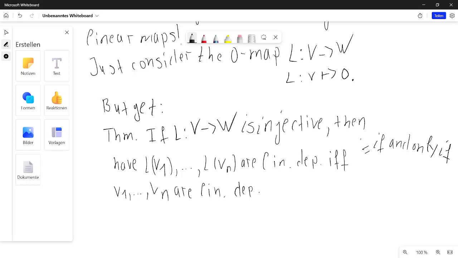Are linearly dependent if and only if, well, we could say better linearly independent, because linear independence is more interesting. But it's the same statement, right? Because it's if and only if, we could take a negation, or we could take the statement itself as I want to have it.